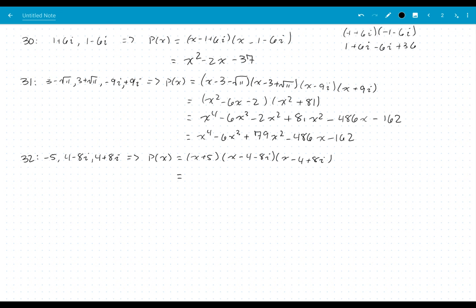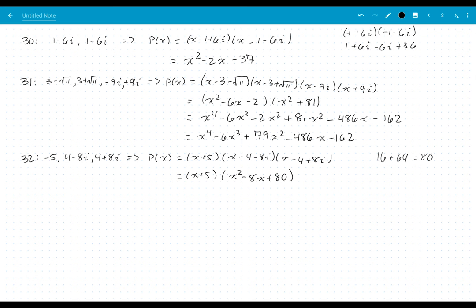So that's going to be x squared minus 8x, and then 4 squared is 16 plus 8 squared is 64. So we have 16 plus 64 is equal to 80. Plus 80. Okay.